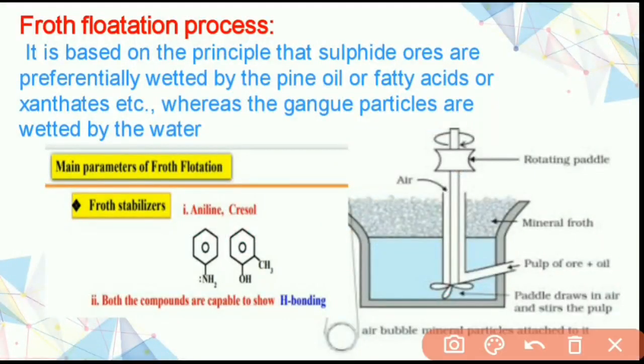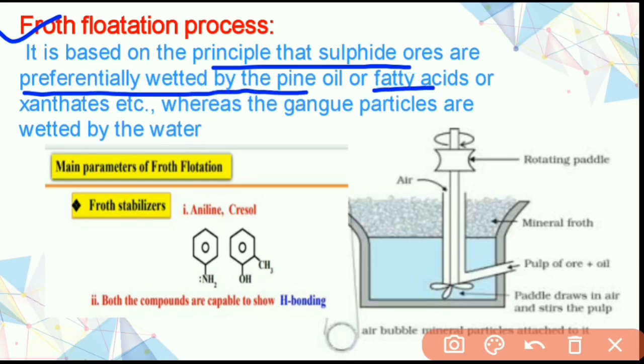The next concentration method is the froth flotation process. It is based on the principle that sulfide ores are preferentially wetted by pine oil, fatty acid or xanthate, etc., whereas gangue particles, impurities, are wetted by water. By this apparatus, we separate the sulfide ore.